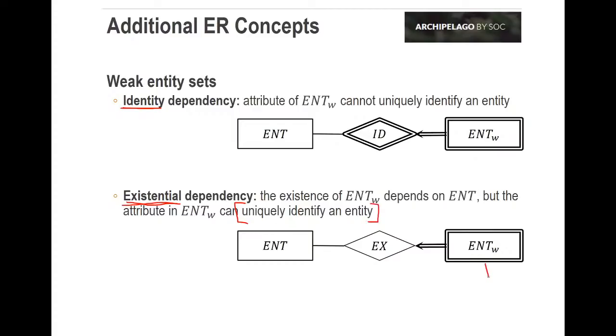So if this one has an attribute A1, which is a primary key, given an A1, I can uniquely identify any entity within this weak entity set. But with an identity dependency, if I have this A1 as a primary key, I cannot even uniquely identify an entity within this particular weak entity set.